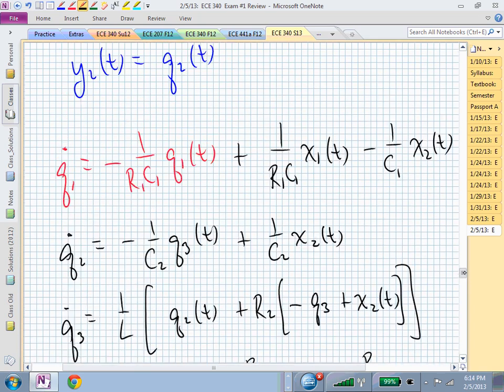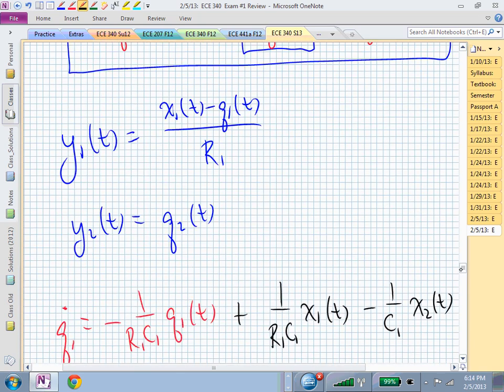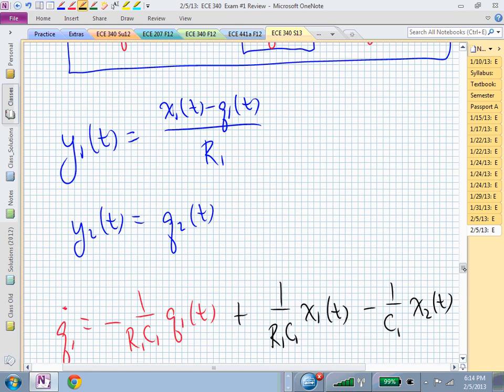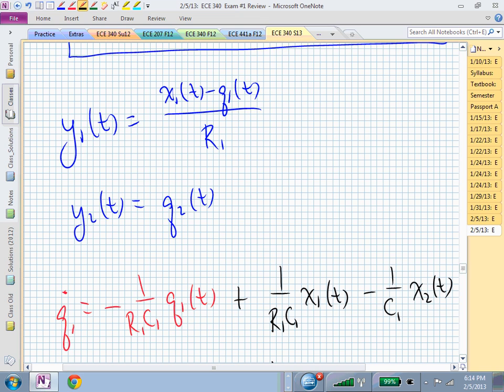What's the top row of C look like? Then do I have anything in my D matrix?